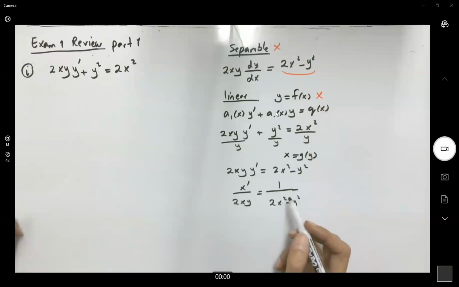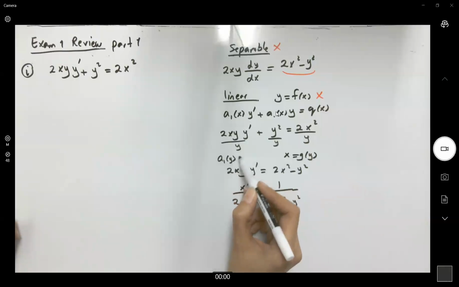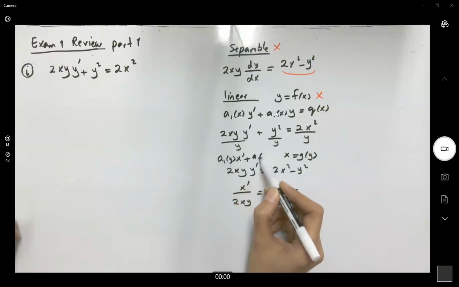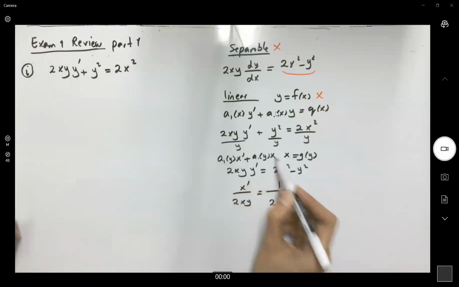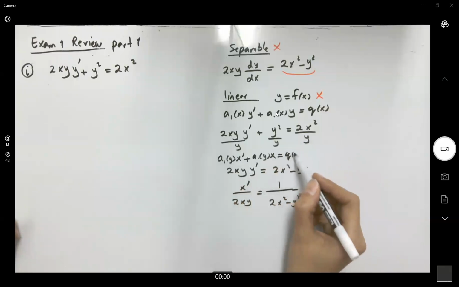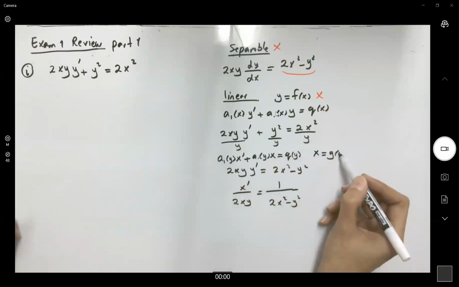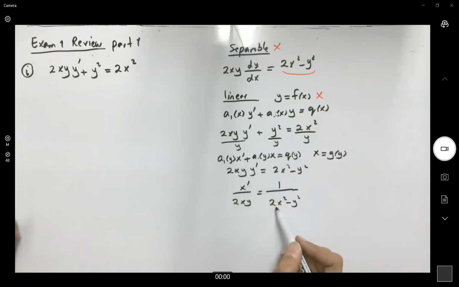Again, if you try to write it in the form a sub 1(y) x prime plus a sub 0(y) x equals a function of y, this is the case that x is equal to g of y. Here you see you have x squared on the denominator. So because of this, it's not going to be linear as well. So we don't have a linear differential equation.